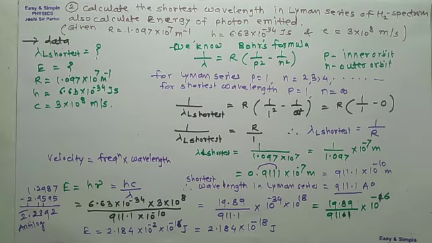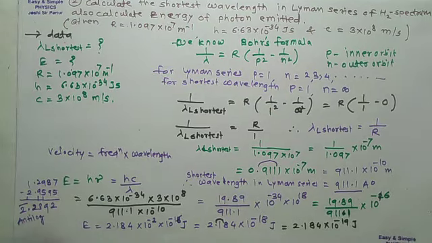If the decimal point is shifted, it becomes 2.184 into 10 raised to minus 19 joule. But we can find the energy in electron volt.